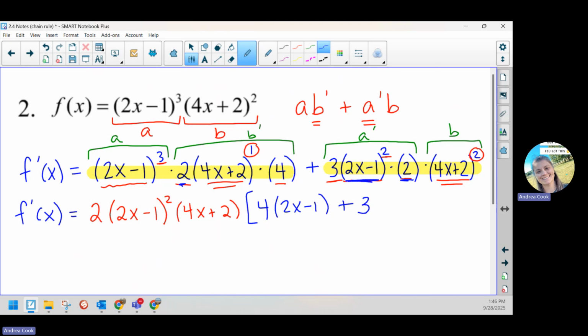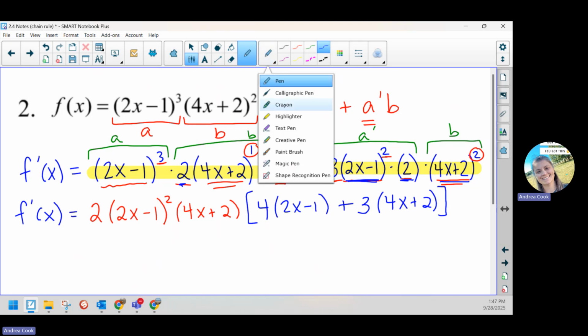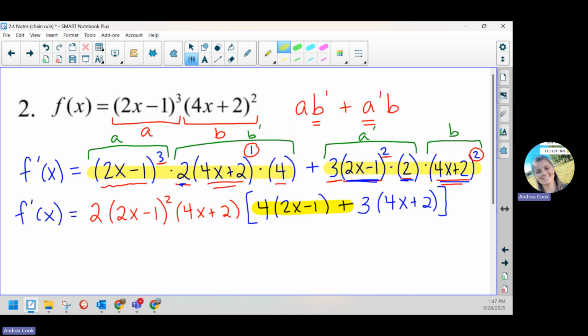With 2x minus 1, I took both of those out, so those are gone. And then the 4x plus 2, I took one of those, so I have 1 left over.